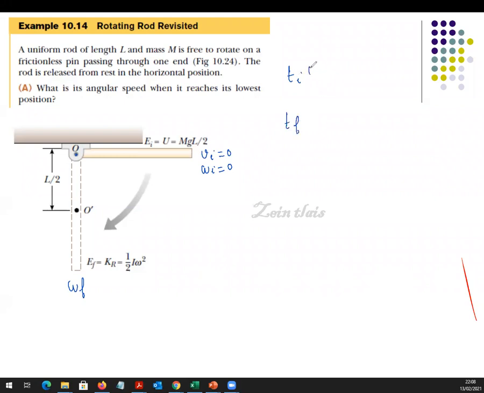At initial time, we have omega initial and alpha initial, and any point on the rod has the same omega and the same alpha.